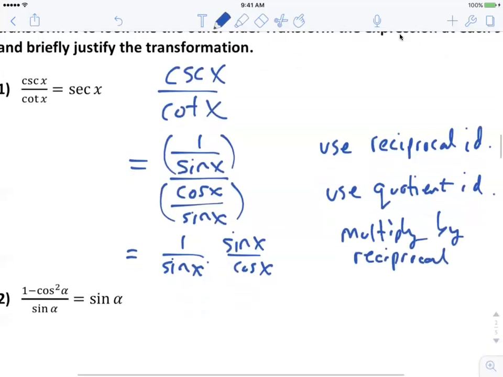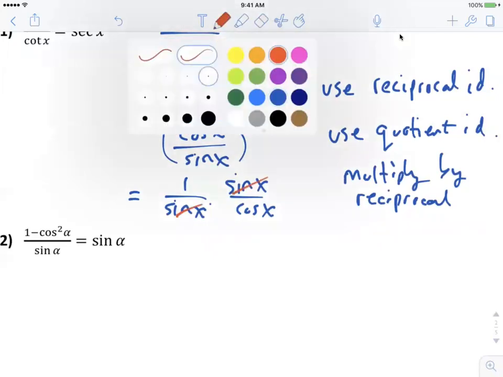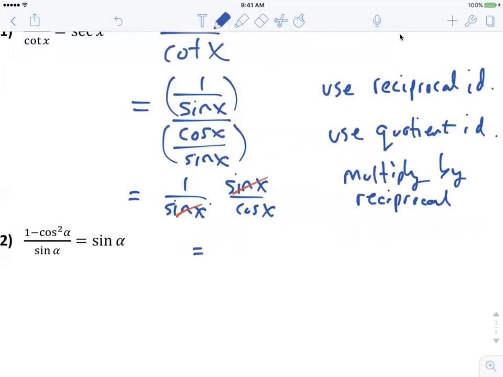Okay, these tend to be a little longer if I write them out like this, but next, what can I do? I can cancel, right? Or remove the common factor. It's another way of saying that. The sine's gone, right? And I'm left with 1 over cosine. So I would call that remove common factor.